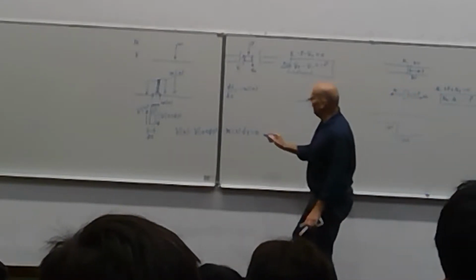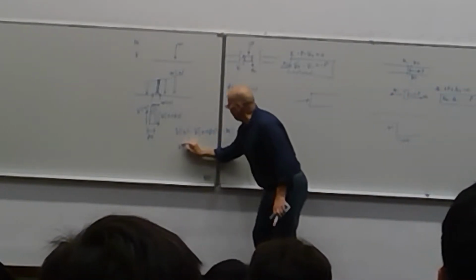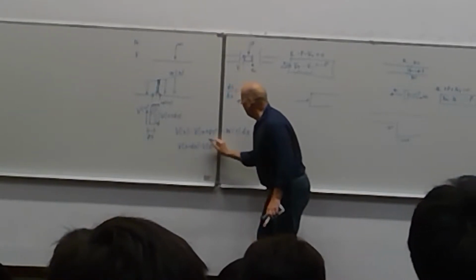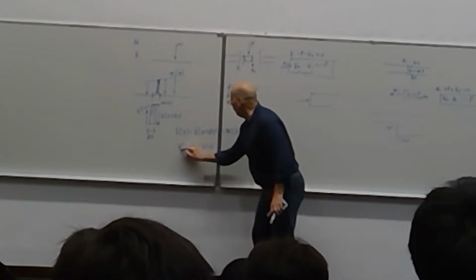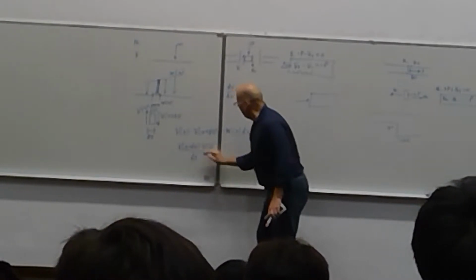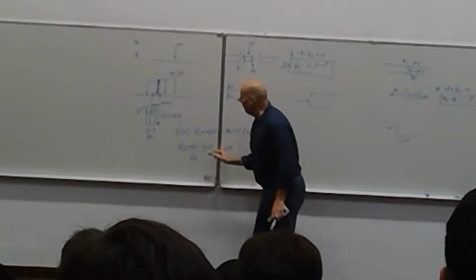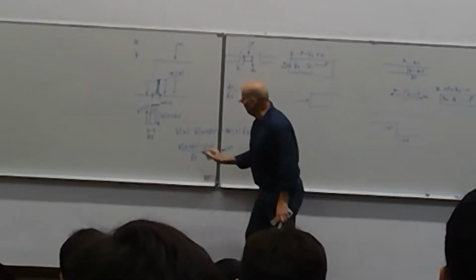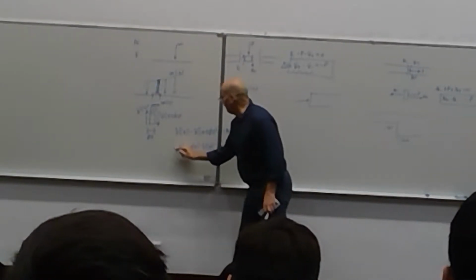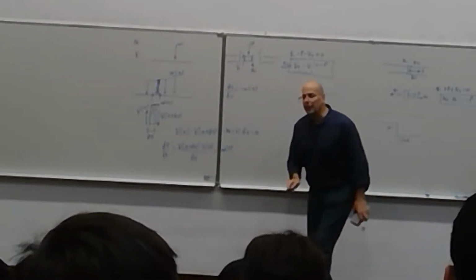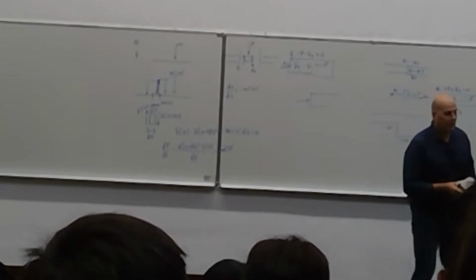And from here we get that V of X plus dx minus V of X, over dx, is equal to minus W of X. If I take the limit when dx becomes smaller, I can easily see that this is dV over dx. So the slope is equal to the distributed load.